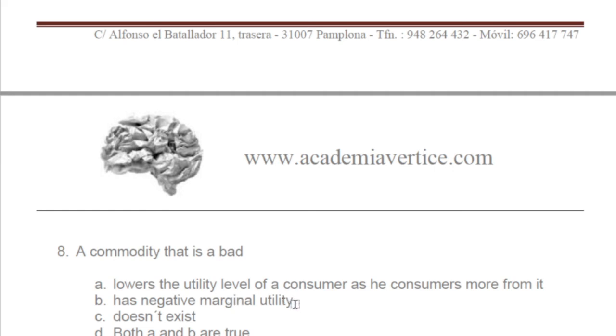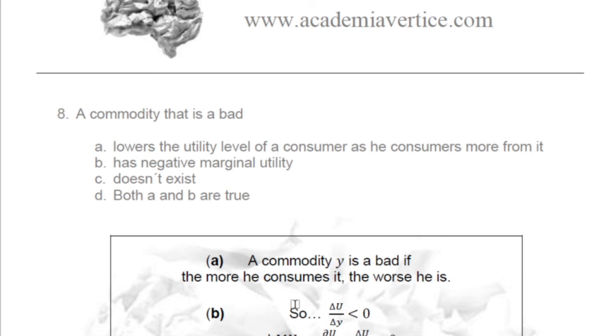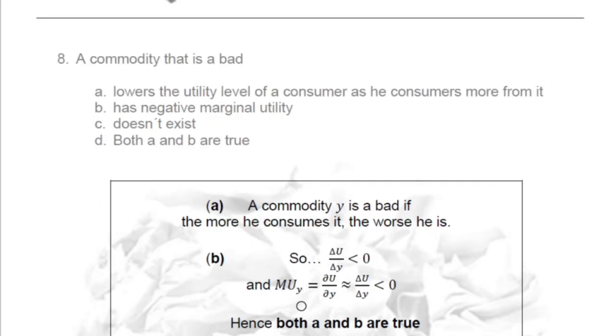Yes, because marginal utility is the derivative of the utility with respect to a good, for example, y. So if it's negative, it means that the more I consume good y, the less my utility level is. So it's a bad for me. Then the correct option here should be D.